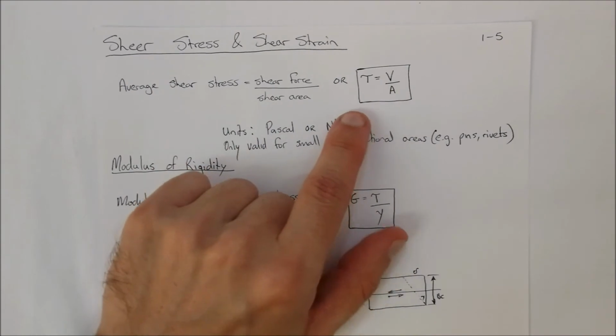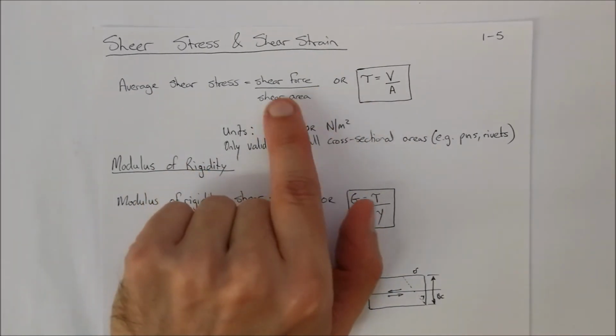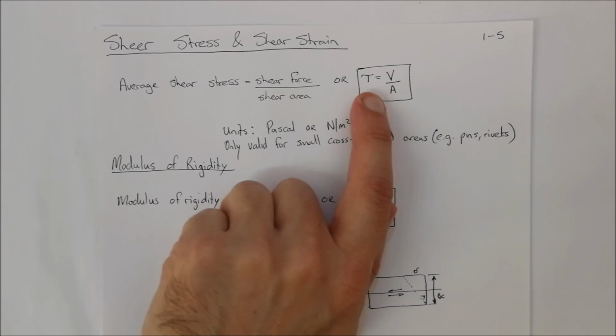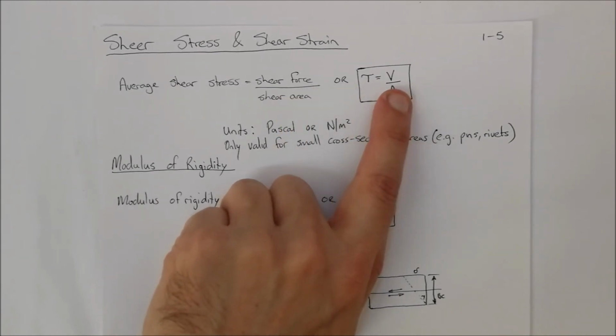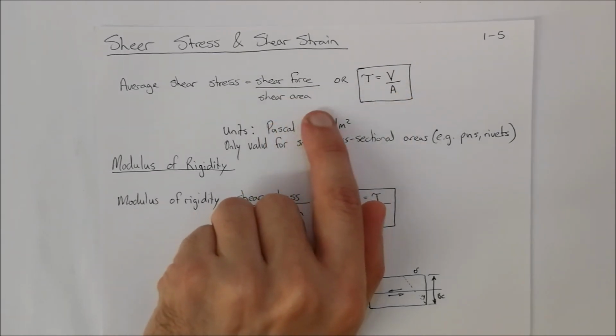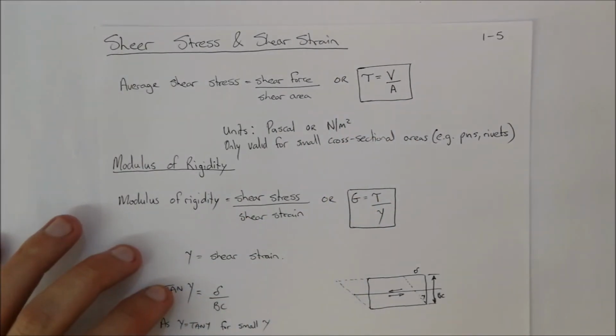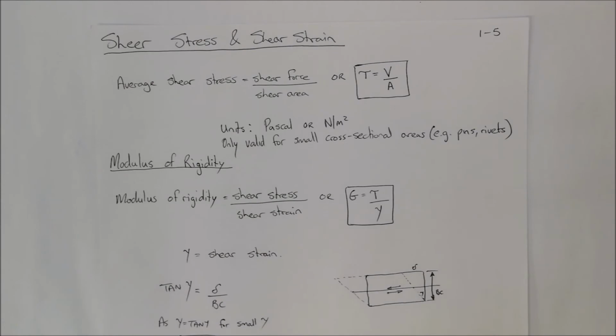The equation is very much the same. The only difference is that the shear stress is given the symbol tau, shear force is given the symbol V, and the shear area is still area. The units are in pascals or newtons per square meter, and it's only valid for small cross-sectional areas, so pins and rivets, those types of scenarios.